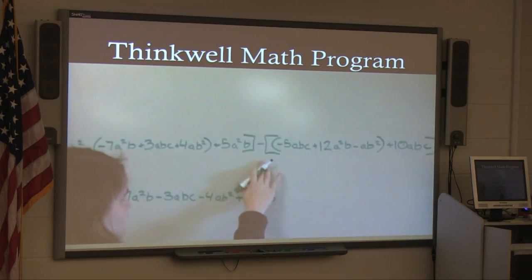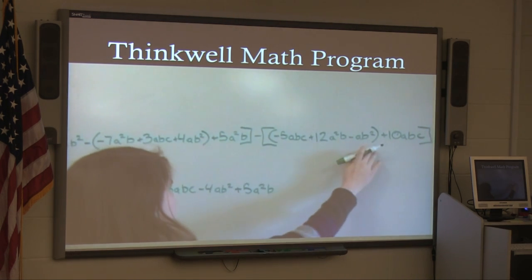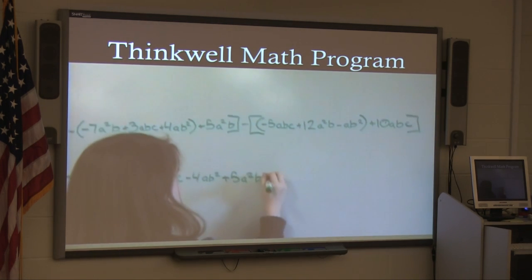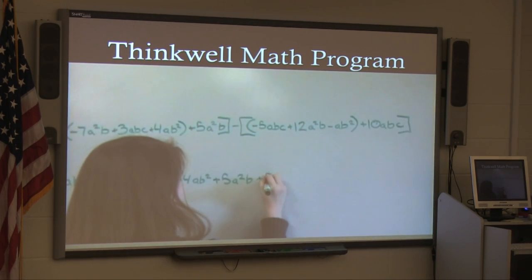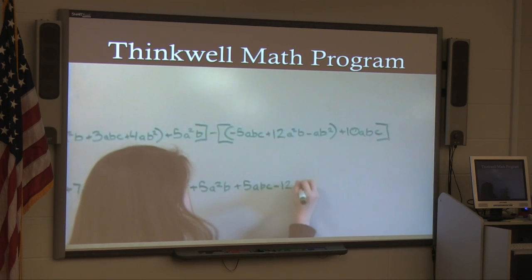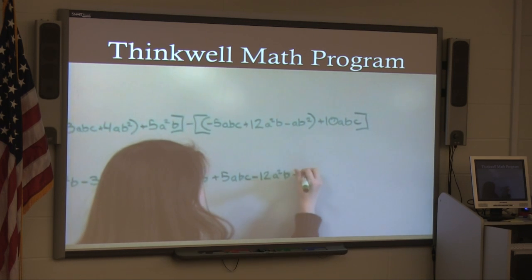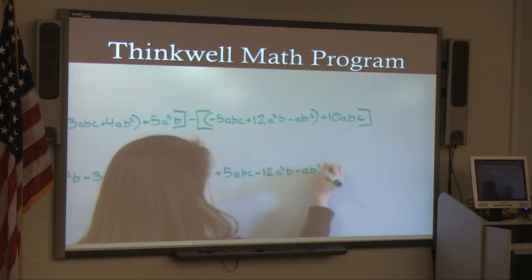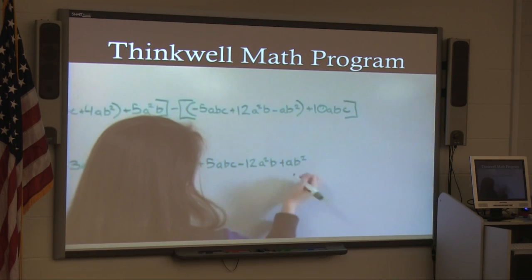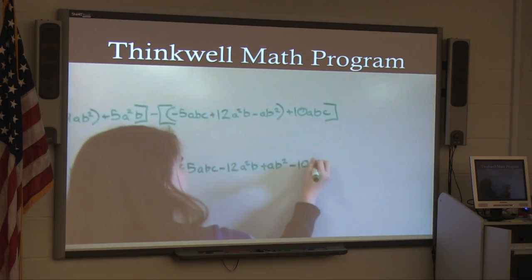Then this is the subtraction sign, so we have to change all of the signs there. So it would be plus 5abc minus 12a squared b plus ab squared, sorry, and then minus 10abc.